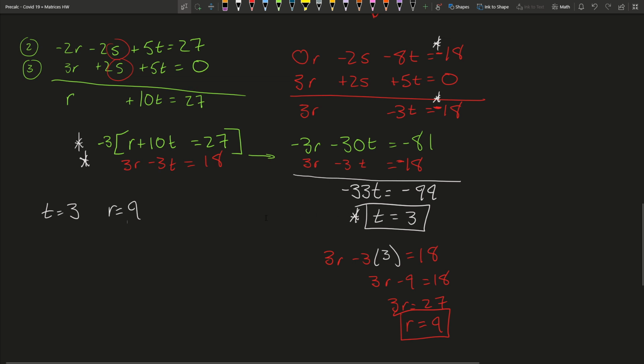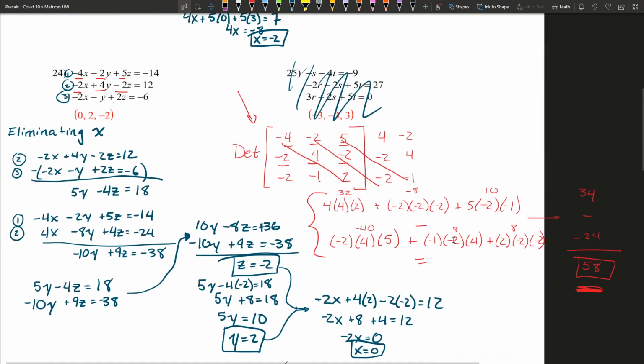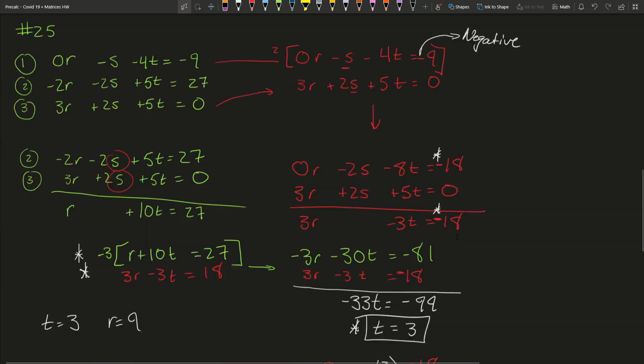Yeah, that's what we're supposed to get. So we're supposed to get r is equal to -3, and I'm trying to figure out where I went wrong. T is definitely 3. We did that part right.